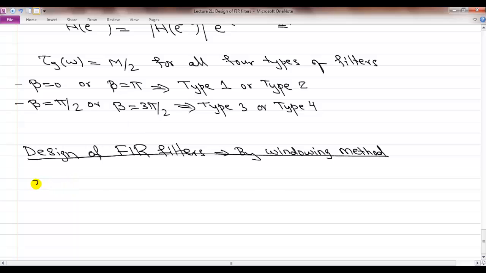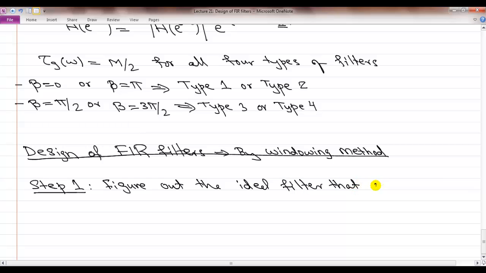So the first step of any design is that you figure out the ideal filter that we desire, doesn't matter what type it is. Most often it will be obtained in terms of the frequency response, but we can compute its Fourier transform to obtain its impulse response.